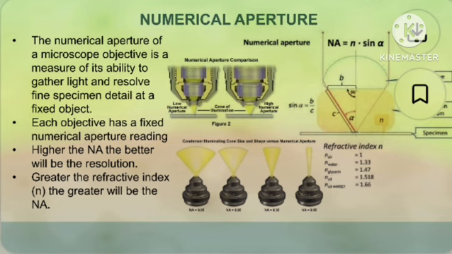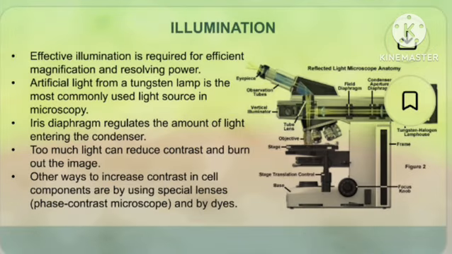Next slide, illumination. Effective illumination is required for efficient magnification and resolving power. Artificial light from a tungsten lamp is the most commonly used light source in microscopy.